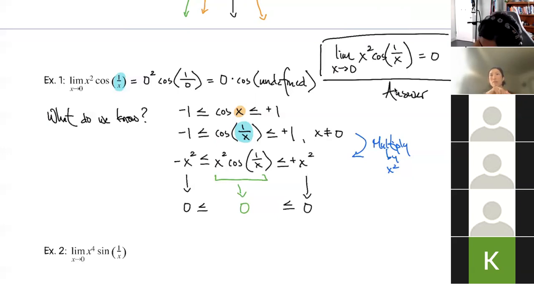All right, let's see. We have a question in the chat. Why were we initially interested in cosine over x squared? Like why did we start with cosine and not x squared? Yes, okay, I understand that. And so like, what do we know about x squared?